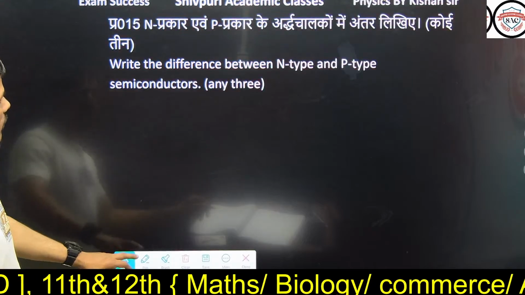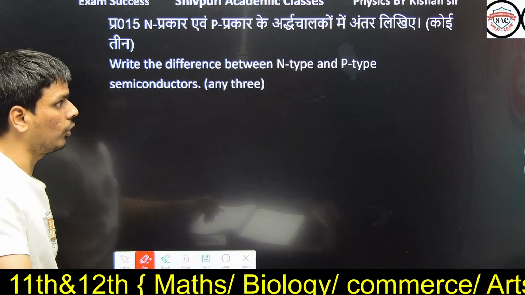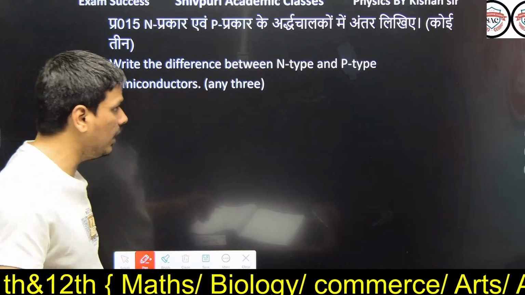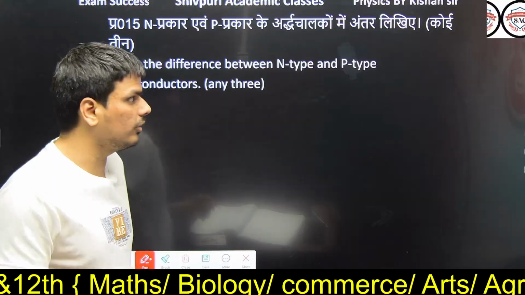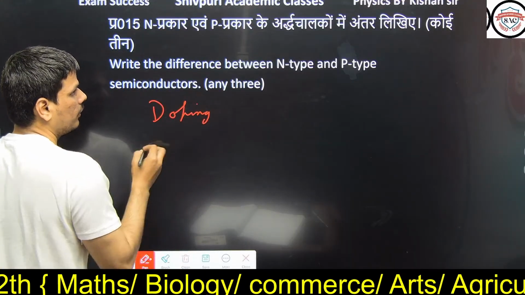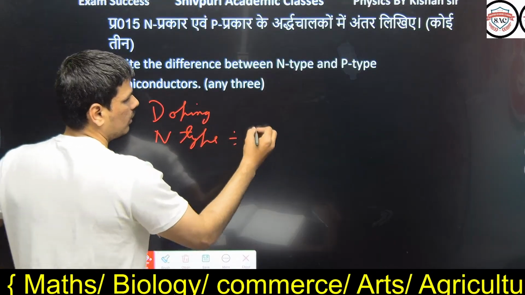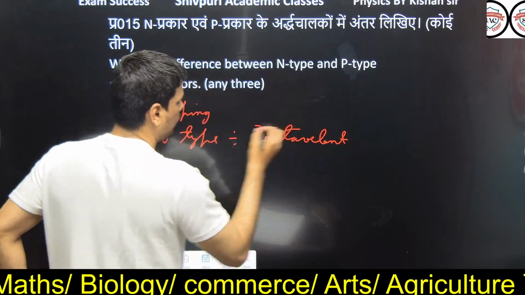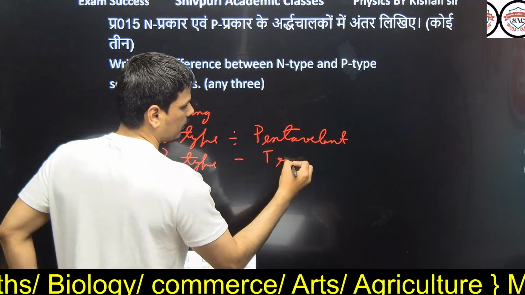Okay, question number 15: write the difference between N-type and P-type semiconductor. This was already done in our previous video. In our previous video, we made a mistake related to the N-type and P-type semiconductor doping, so we had written the wrong doping. For N-type, the doping should be pentavalent, and for P-type, the doping should be trivalent.